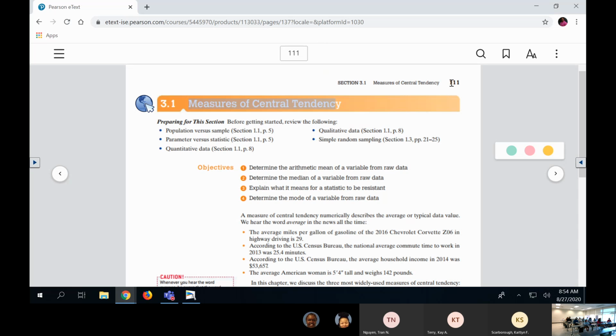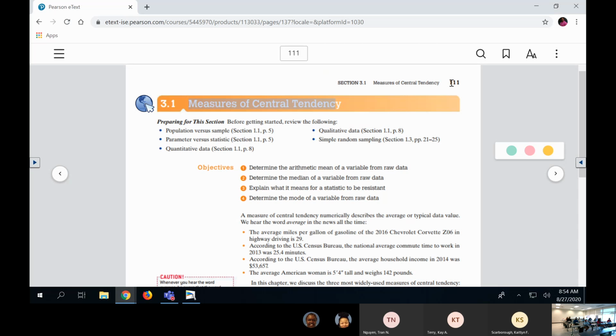Now, most of you can do all of this stuff. There's a couple of things you can't do because you've never been shown it. If I ask you to calculate standard deviation by hand, most of you have not done that before. Most of you haven't found the mean and the standard deviation of a frequency distribution before.